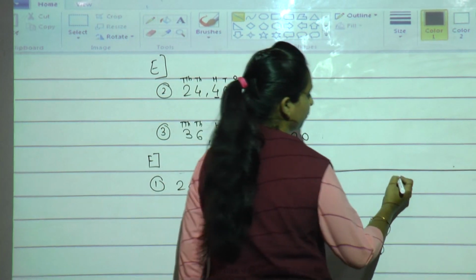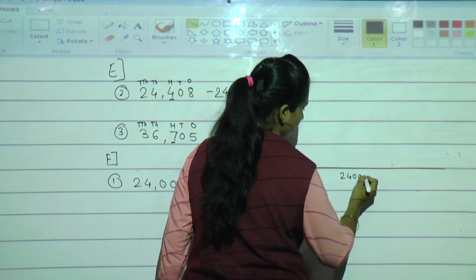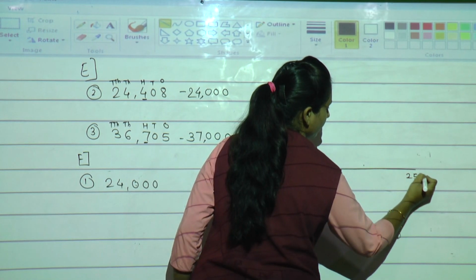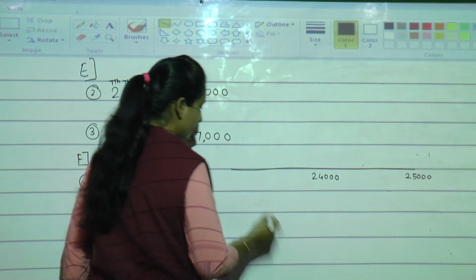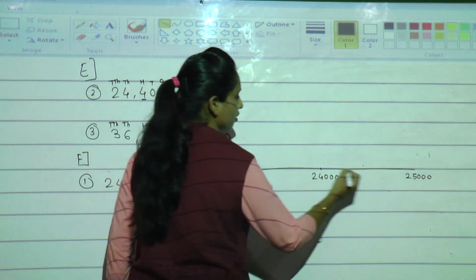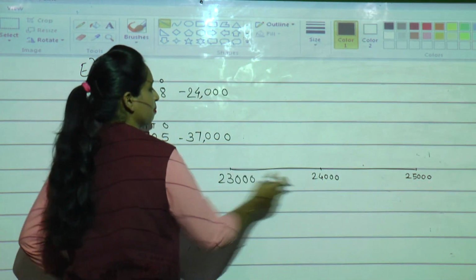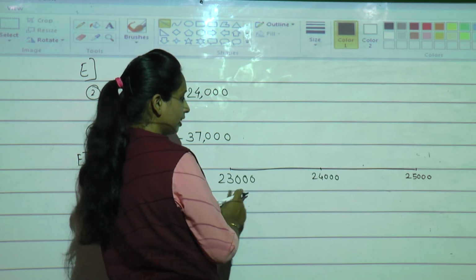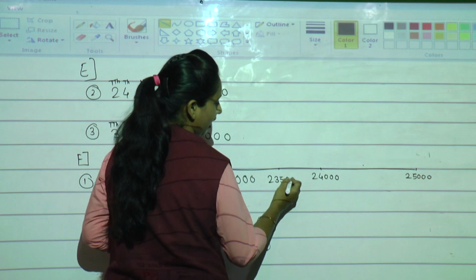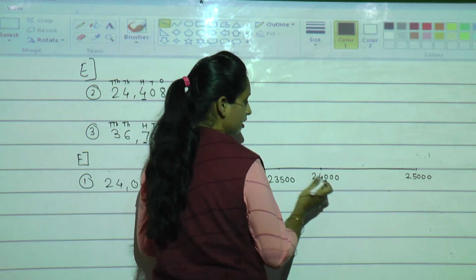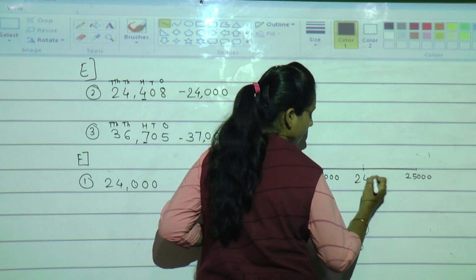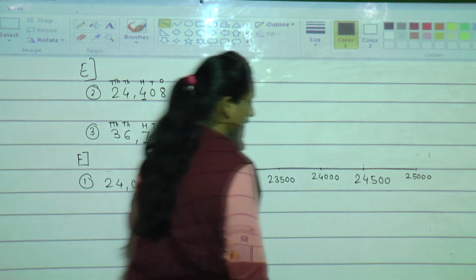Write 24,000. What comes after 24,000? 25,000, and before, 23,000. Now find the mid number of both. Between 23,000 and 24,000 it is 23,500, and between 24,000 and 25,000 it is 24,500.